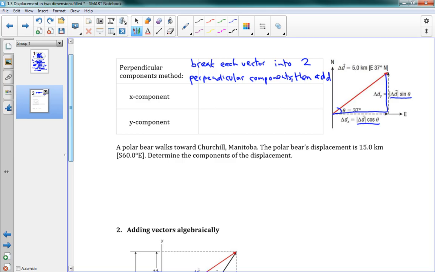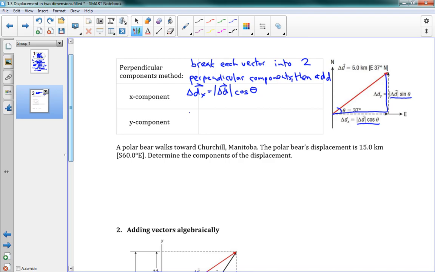The x component of our vector, as long as our angle is given here and not up here. If we write east 37 degrees north instead of talking about north something degrees east, then we can say this, that the x component is equal to the magnitude of our displacement times the cosine of theta, d cosine theta.